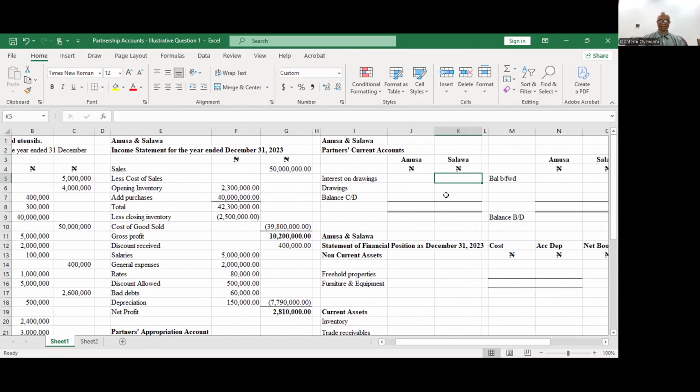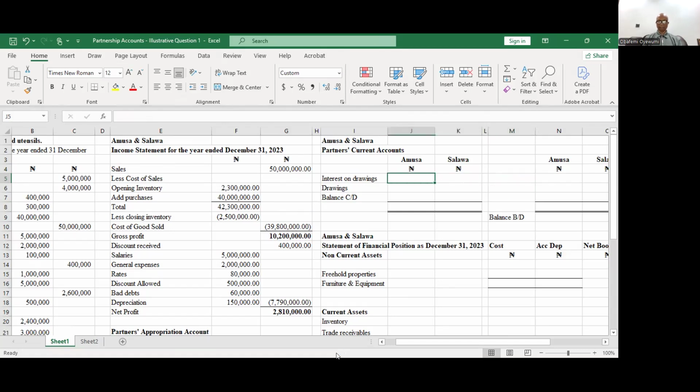Basically, capital accounts is what we have right now, and let's make sure that everything is well covered as much as possible. So it's important for us to take note of this. That means that we don't have a current account brought forward.